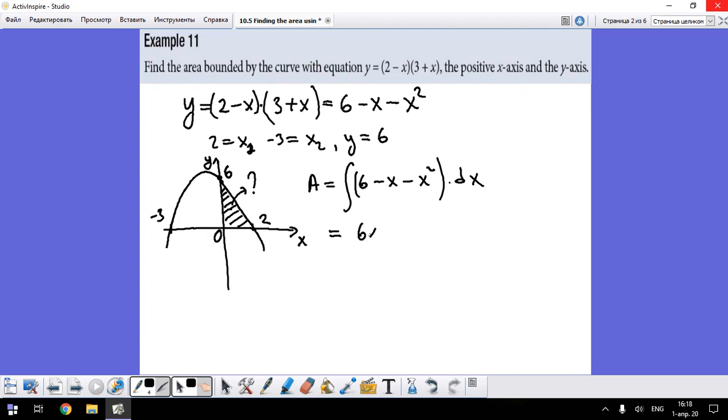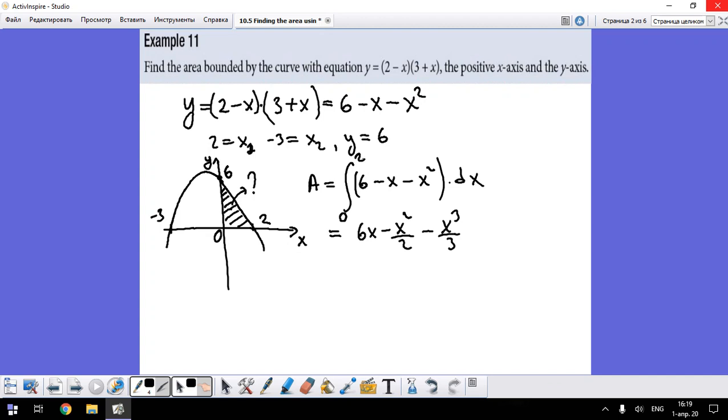It will be 6x minus x squared divided by 2 minus x cubed divided by 3. One more thing I forgot here, we should always write the limits from 0 to 2.